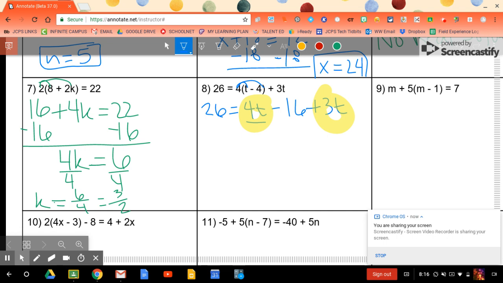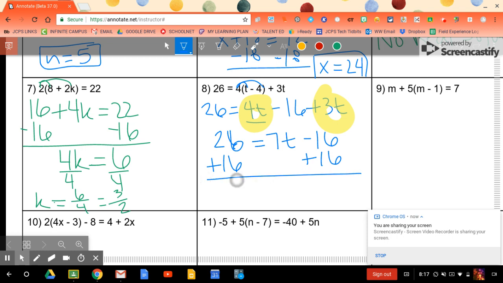I'm going to combine those to get 7t. So you get 26 equals 7t minus 16. You next move your constants. You're going to add 16 to both sides. And you are going to get 42 equals 7t. Your last step is to divide both sides by 7. So you're going to get 6 equals t, which is the same as t equals 6. So that problem has one solution.